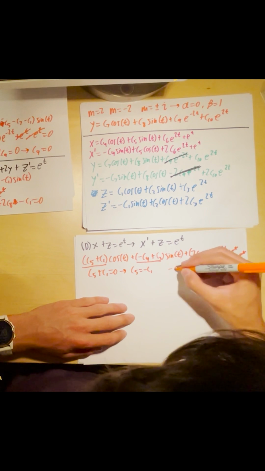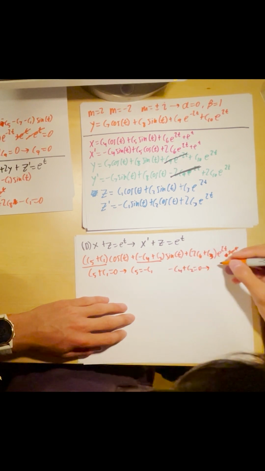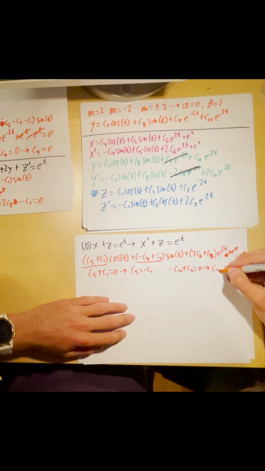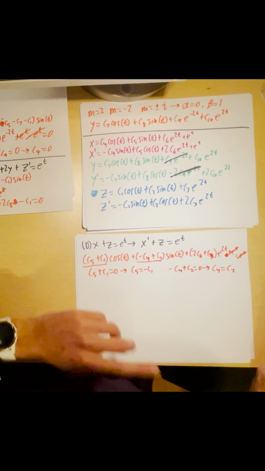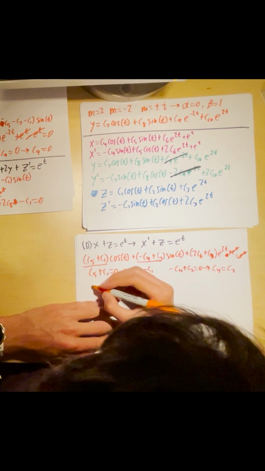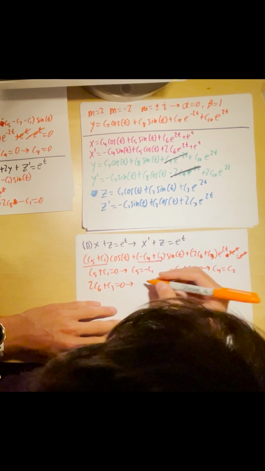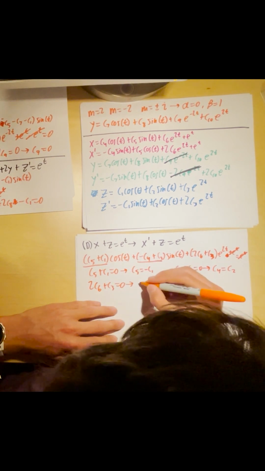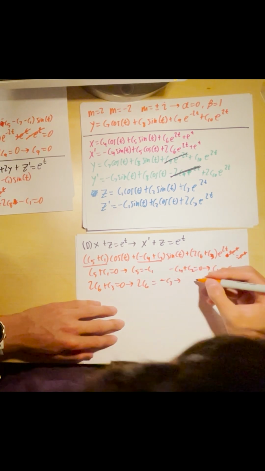So now I have c4 minus c2 equals 0. Add c2 to both sides, and we can see that c4 equals c2. This is great news. I'm going to do the same thing here. 2c6 plus c3 equals 0. Subtract c3, 2c6 equals negative c3. Divide through by 2.